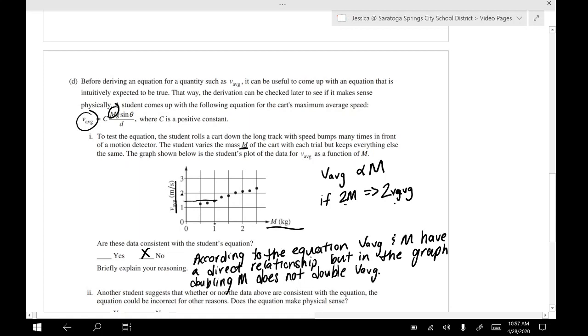Okay. So I'm talking about what a direct relationship means in reference to the graph. And the graph, even though it looks linear, actually is not, because we don't have a doubling of m leading to a doubling of V average.